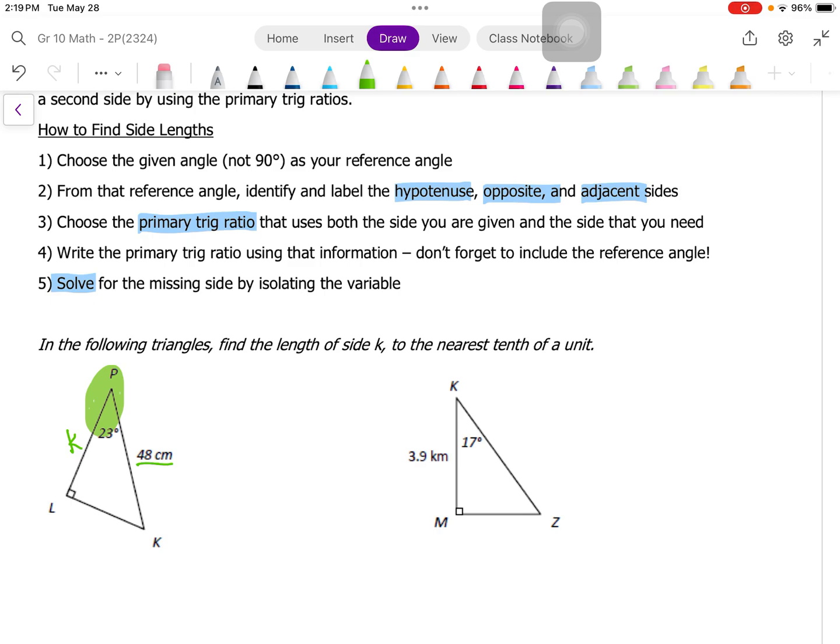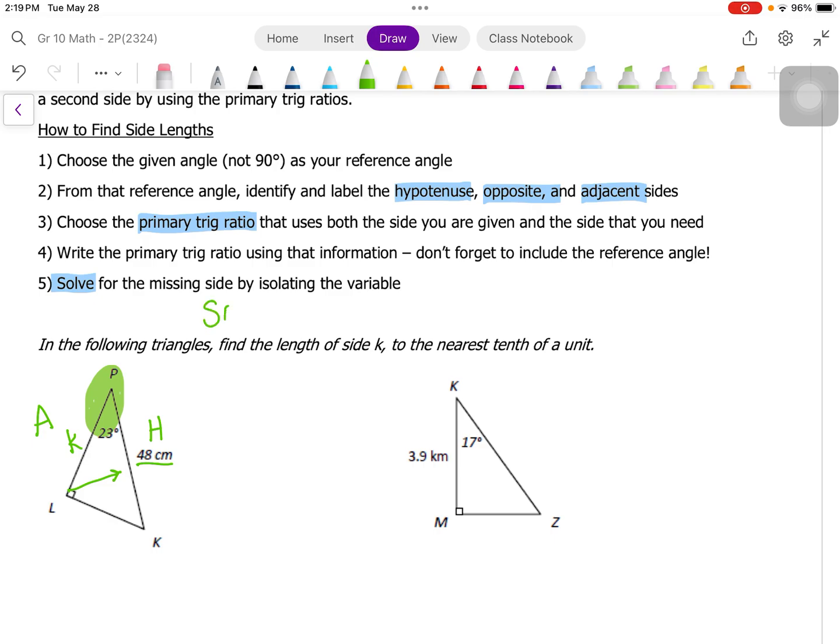So the 48 centimeters is across from the right angle, which means it is the hypotenuse, and based on the reference angle, K is not across from but beside, so that is the adjacent. So now we have to figure out which primary trig ratio uses adjacent and hypotenuse.